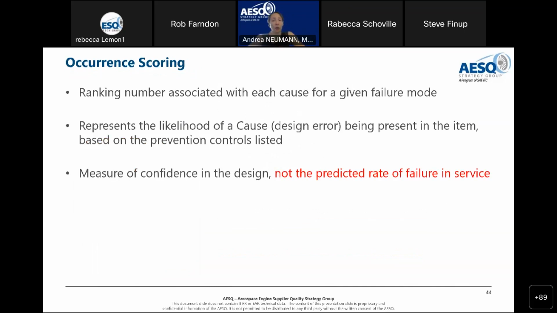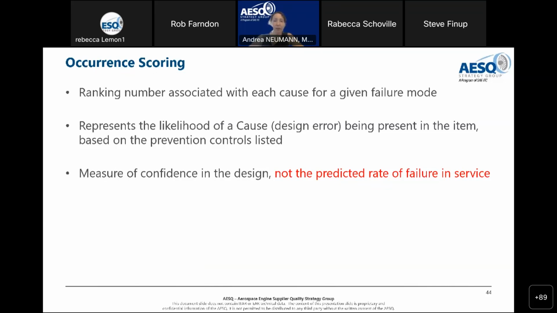Okay. So with these prevention controls, we go into the occurrence scoring. For every cause, we define the prevention methods for this special cause, and then also the ranking number depending on these prevention methods.